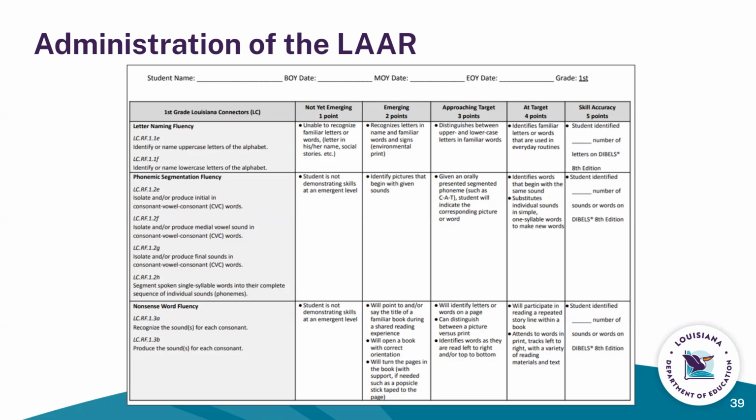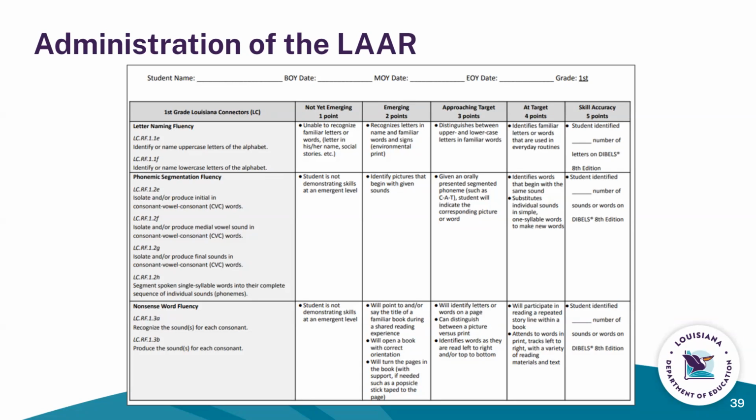Now, keep in mind that on the LAR, the test administrator has the ability to use a variety of manipulatives that are appropriate for that particular student. So, for example, on the letter naming fluency subtest, maybe the test administrator is going to use magnetic letter tiles. That might be a favorite for these students with significant cognitive disability.